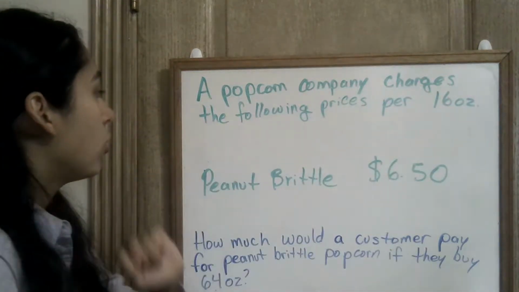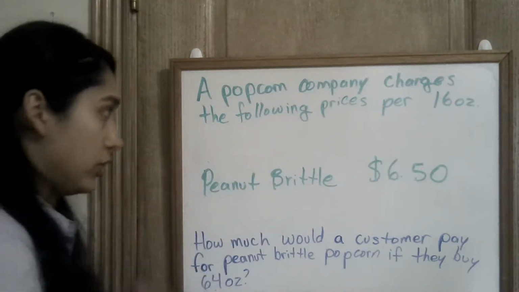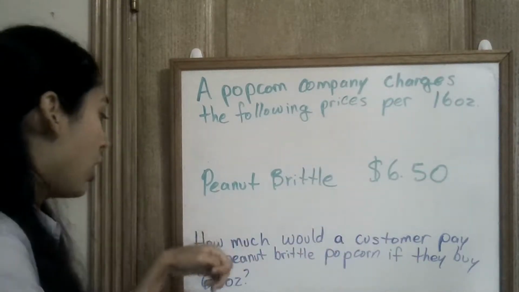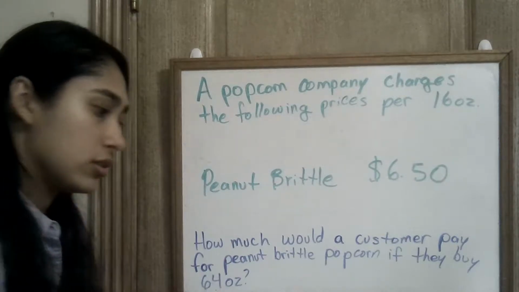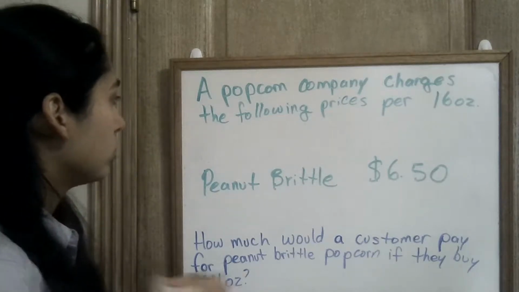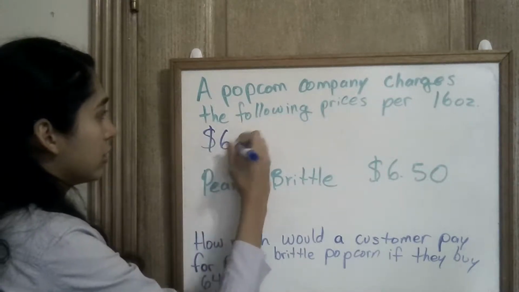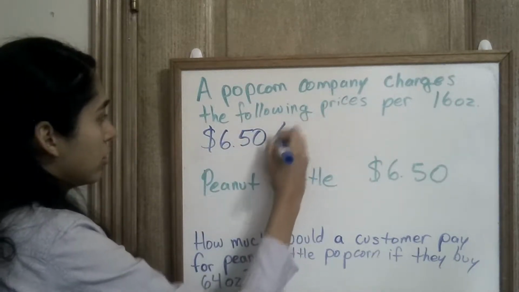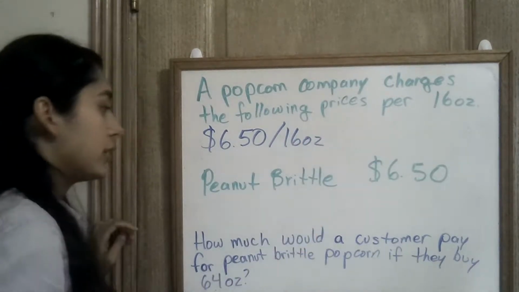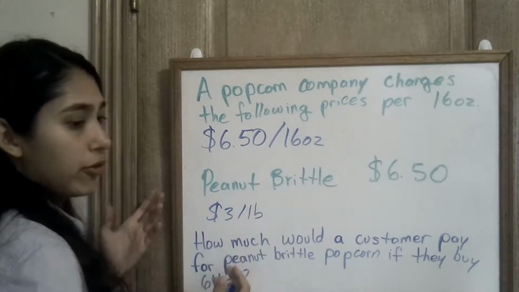All right. So how do we set the information up? We're talking about this is the price per 16 ounces. I want 64 ounces. This is starting to sound like a fraction. You might see it like this, or like if you go to HEB and they say $3 a pound for fancy beans.